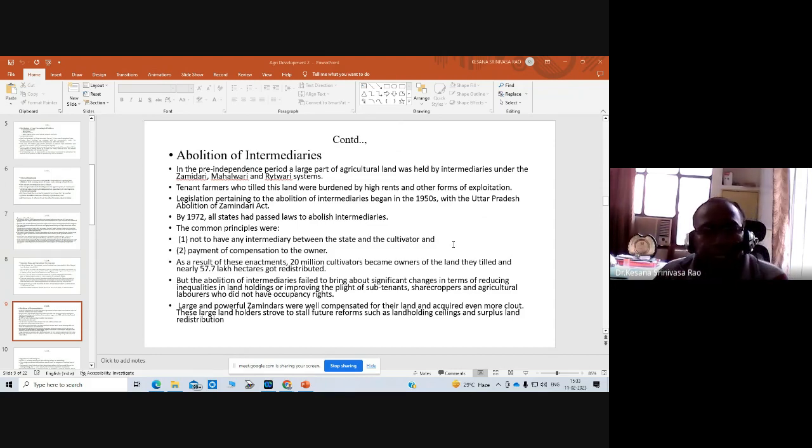Abolition of intermediaries. This is one of the biggest problems. Especially in this process, because before the land reforms, before independence, the Jamindari, Mahalwari and Raitwari systems were there. There, the intermediaries used to act almost like landlords. Because the Jamindar may not deal directly with those who are going to cultivate.